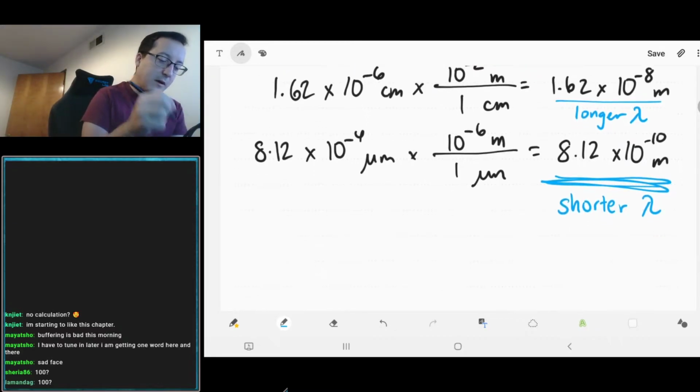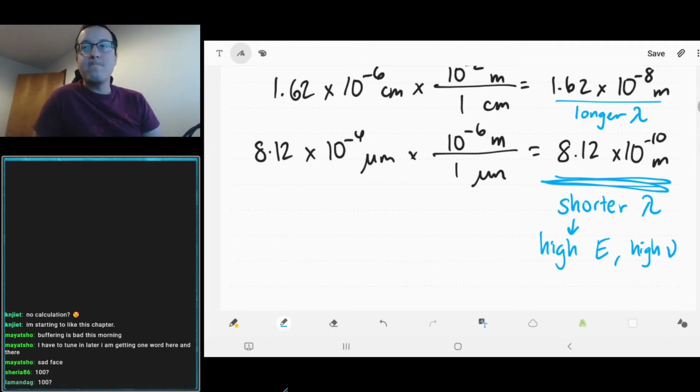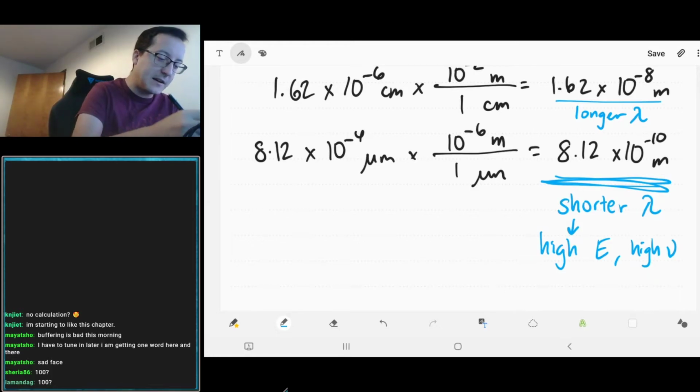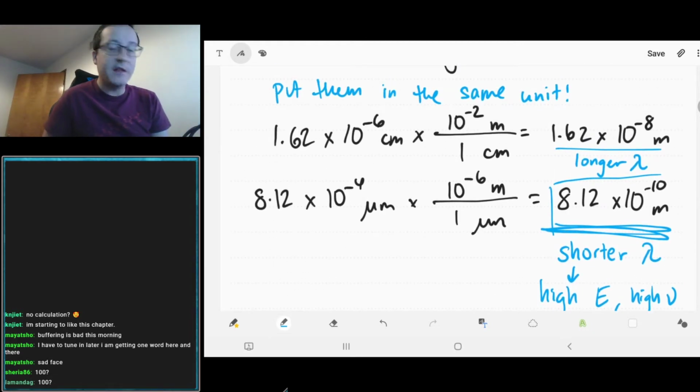And remember always that the shorter wavelength means high energy or high frequency. So our answer would technically be this second one down here, the one that was in micrometers to start with.